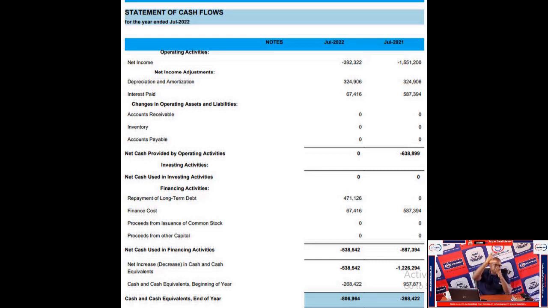For the period that you are reporting for, let's say it's a 12-month period and you are reporting for the annual, then you look at the beginning of the year and the end of the year. That's how the cash flow works. So in the income statement, obviously the income statement is the report card for the year.